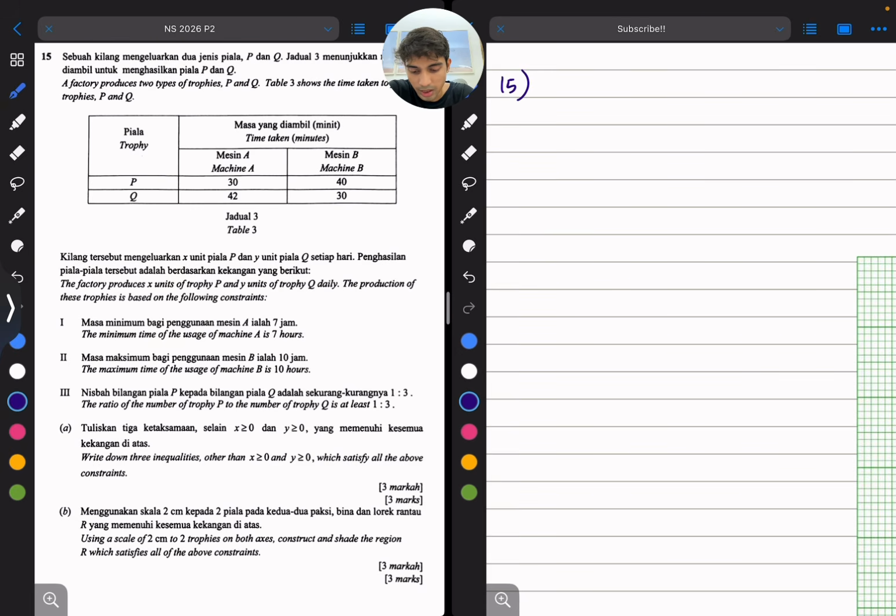Minimum time of the usage of machine A is 7 hours.